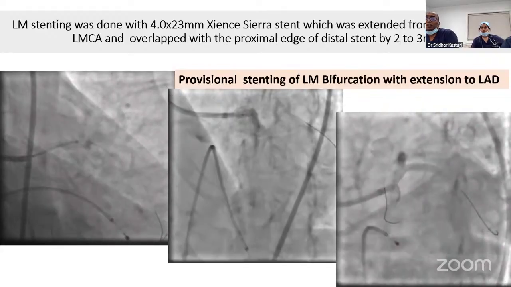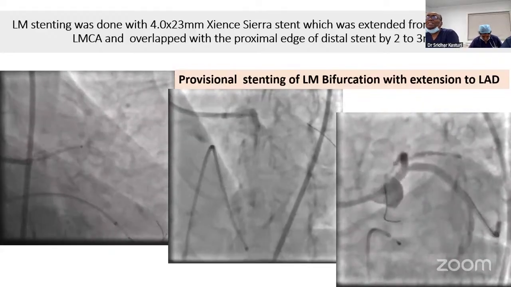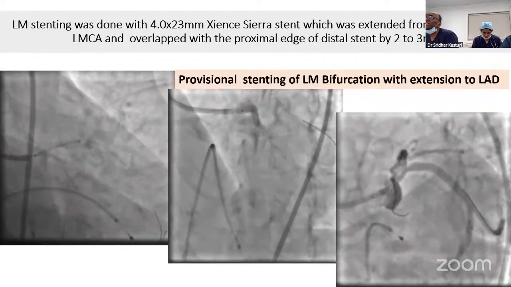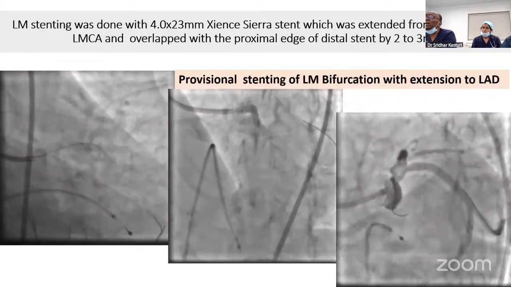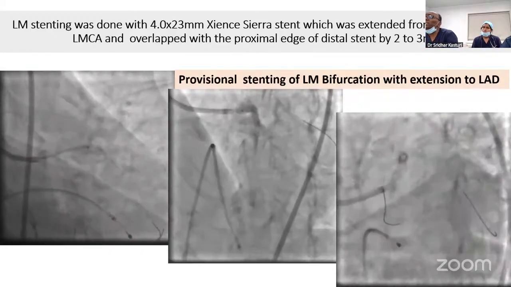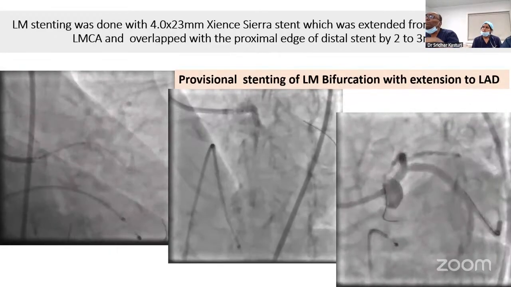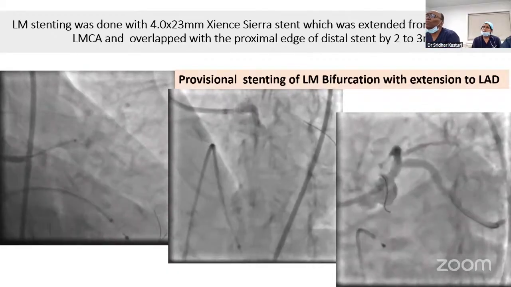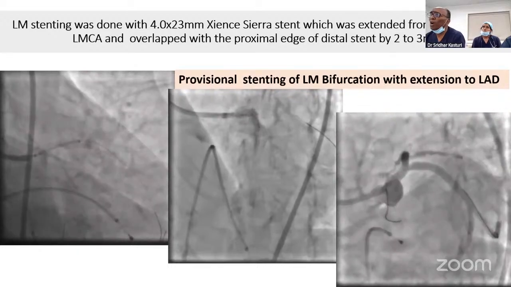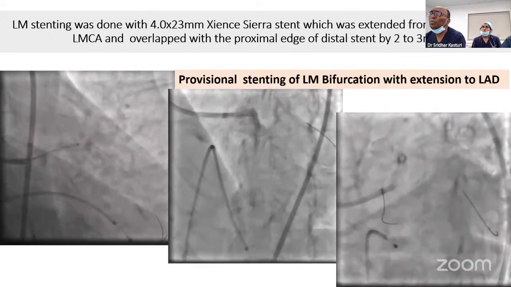When you are doing a left main to LAD stenting, there is usually a mismatch between LMCA and LAD, and you should choose a stent which can be expanded to 4.5 to 5, because most of the time our LMCA is 4.5 to 5 and LAD is around 3 to 3.5.